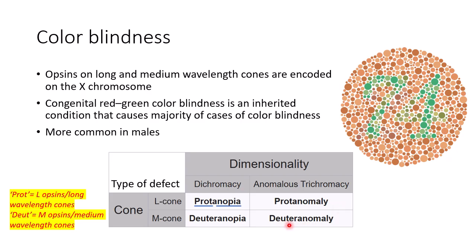Deuteranomaly means green cones are defective, mind you, not absent. So these people have a defect in one of the cones, but all three are present, albeit anomalous. This is known as anomalous trichromats. So we have dichromats and we have anomalous trichromats.